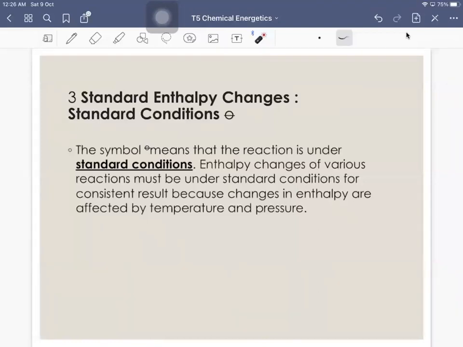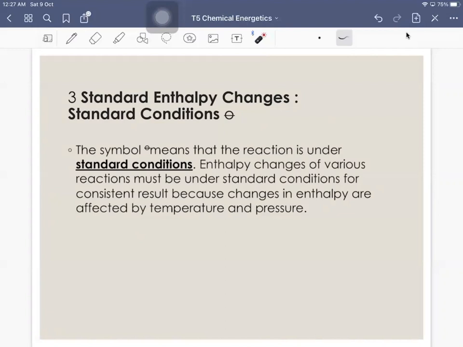The learning objective for this is in your notes. Learning objective 5.1.3, that is to define and use the terms standard condition. This syllabus assumes that these are 298 Kelvin and 101 kilopascal, shown by the symbol. When we talk about enthalpy change, when we talk about these values, we need to have a standard condition because the values of enthalpy changes are affected by temperature and pressure.